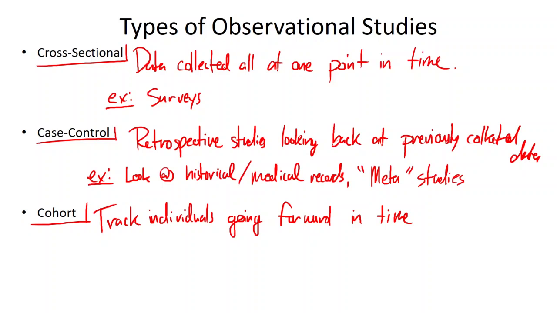You'll see this in health studies. There are some really famous ones where they try to get people to come back to the doctor at least every 4 years, and they record stuff about their medical condition. That's how they can calculate risk factors for different types of behaviors like smoking or drinking. They look at people throughout time and see what happens to them, and also observe their behaviors.